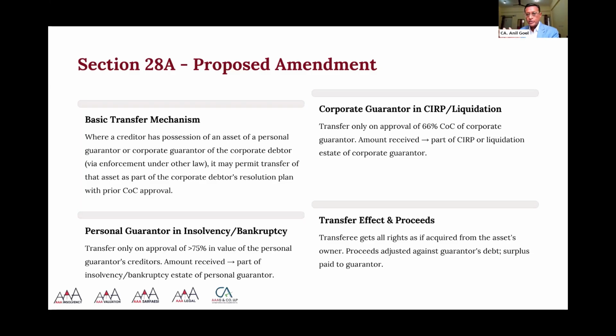In case these two are not in insolvency, then the committee of creditors of the corporate debtor can itself decide that this particular asset, which was mortgaged to one or two creditors, how that will form part of the CIRP, how the value will be shared. That can be decided, and then the resolution can be achieved.